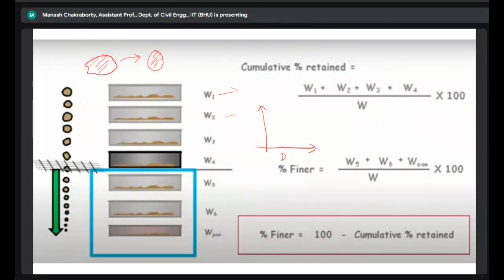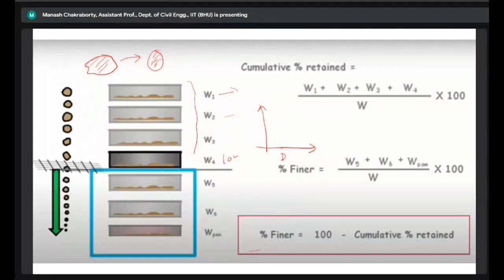And corresponding to each of these diameters, our target is to get the percent finer. And how will we get this percent finer? Through this particular formula, right? So let's say W4, which for this particular gravel size distribution represents 10 millimeter, right? So we see that 10 millimeter retains this amount of soil.